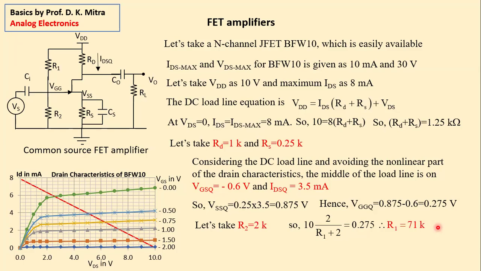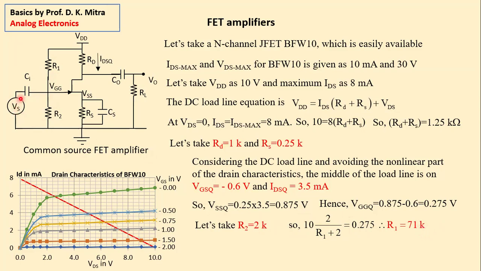Now, your question is, what is the guideline to take 2K? The guideline is, the impedance seen by the source is R1 and R2 in parallel. So these two in parallel, 71K and 2K in parallel, will be slightly less than 2K.